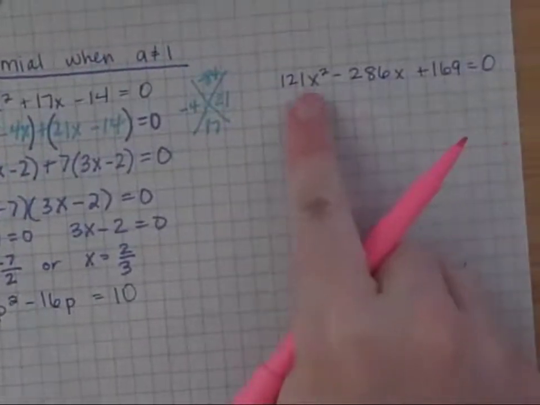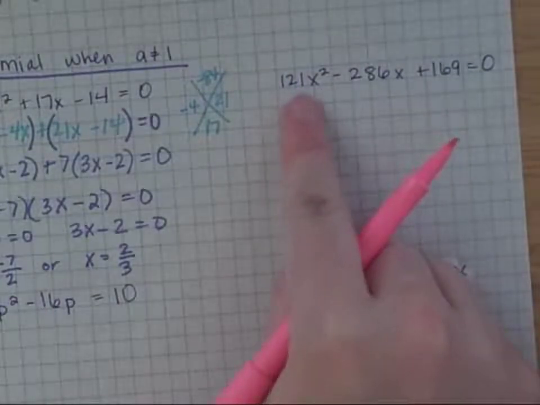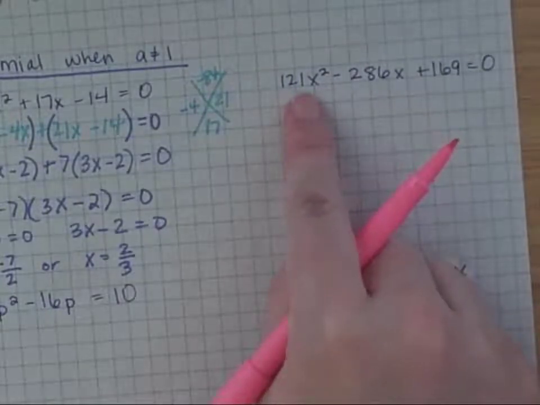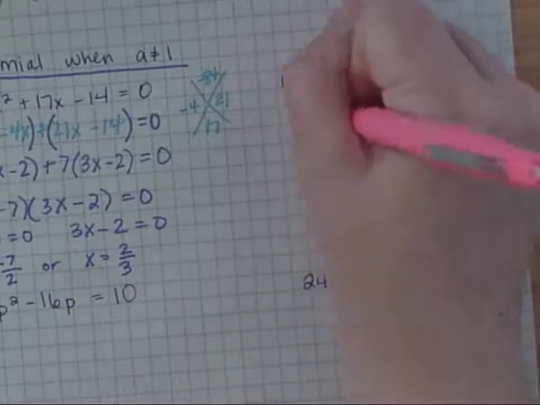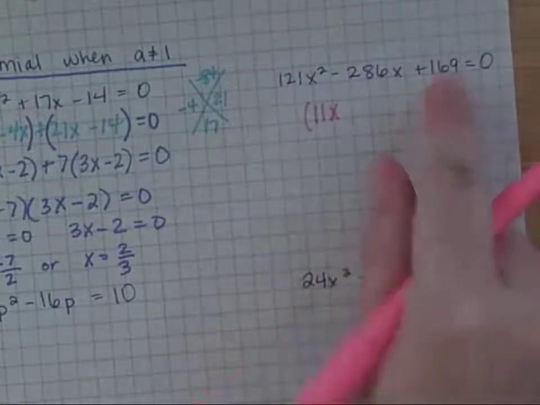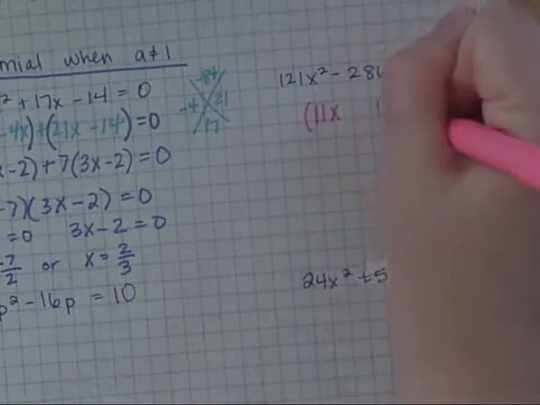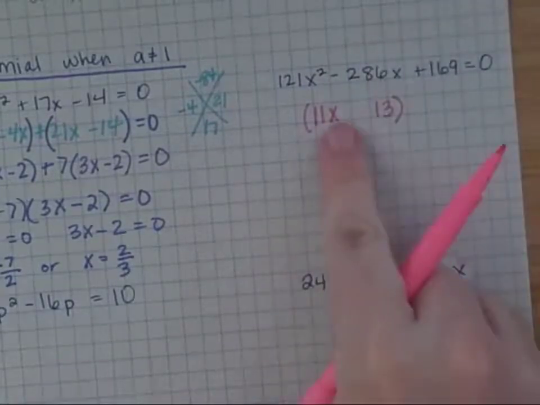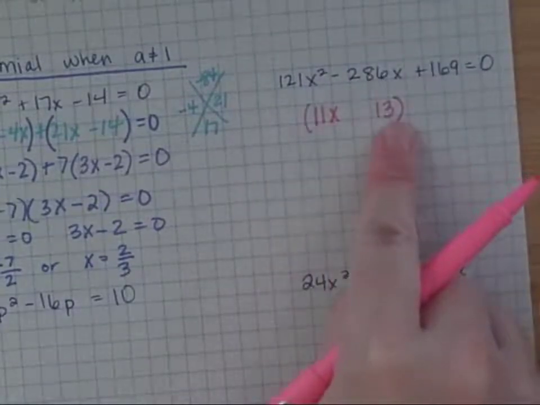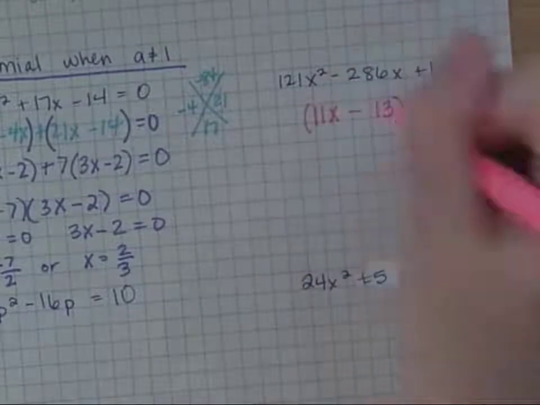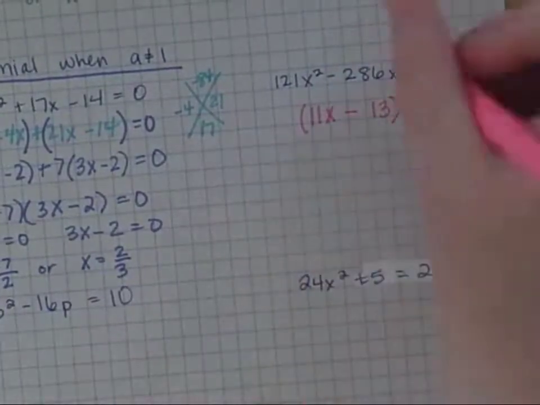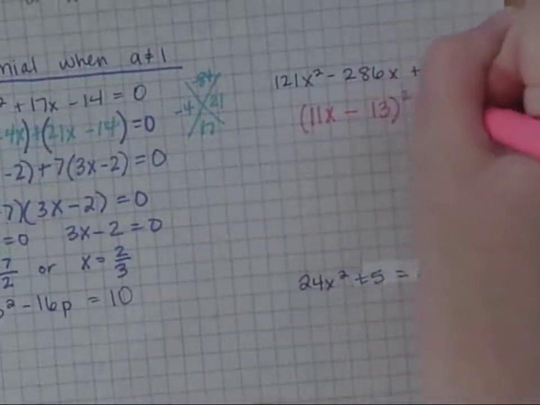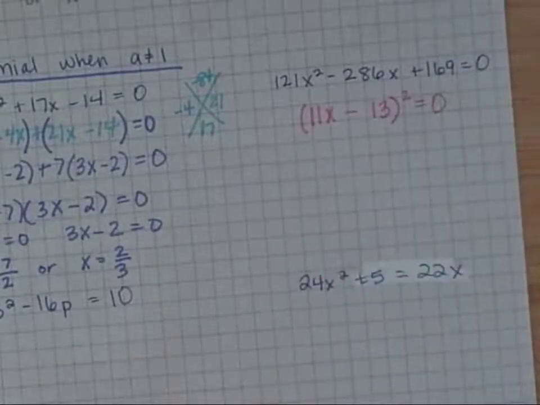If we're looking over here, what do you notice about 121x squared? That is a perfect square. What do you notice about 169? That is a perfect square. So finding your square roots of those would help. And we know our middle term is negative, so we would have a minus here. Now, something to note, you need to check if that middle term is correct.